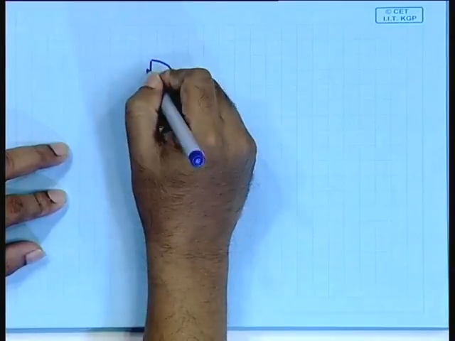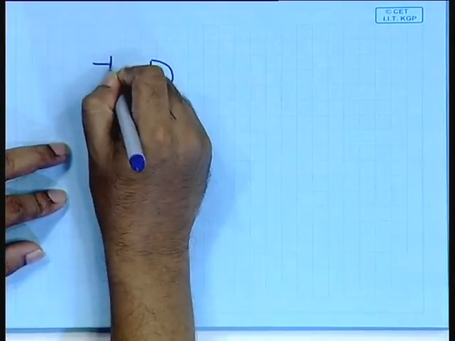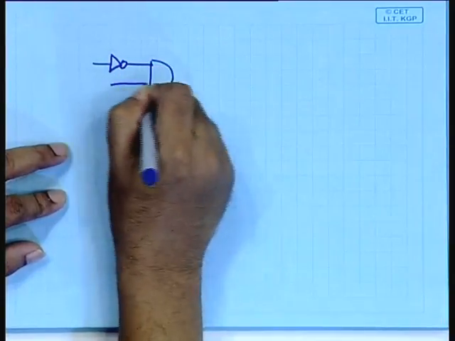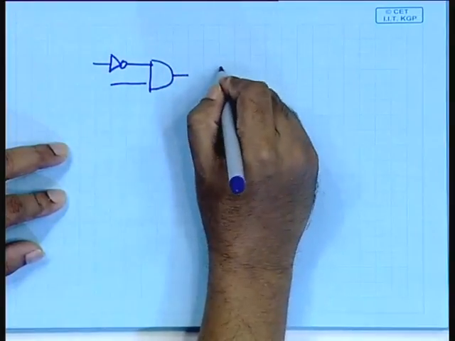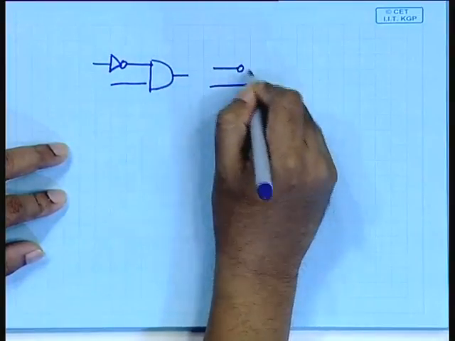So, it is like when you draw a circuit with NOT gates, you sometimes use a bubble just before the input of another gate, right. So, instead of writing this, we sometimes just do this, right.